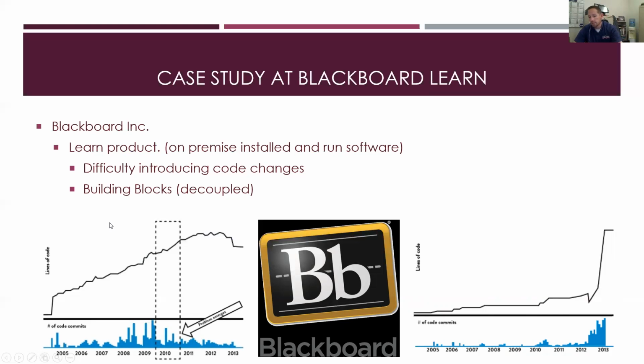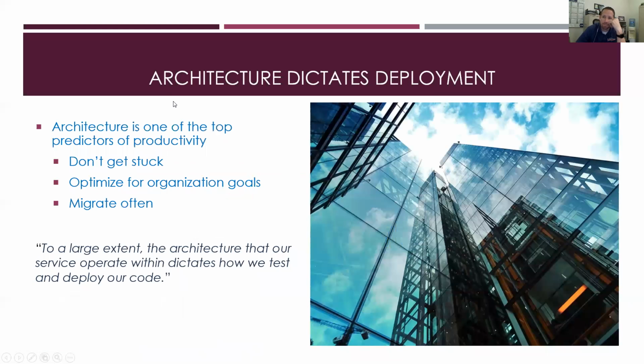They used that strangler method, as we just talked about. And as you can see, they were able to, again, start pushing through code. If you look at 2010, the code commits started to grow, and then really once they got these changes decoupled and everything done, they were able to keep things going. And Blackboard is just a company that pushes out things to teachers, but it's a great example to look at.